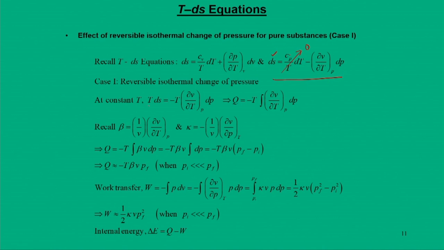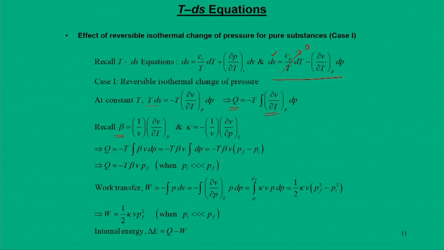So, TdS refers to heat transfer Q, which is equal to minus T times the integral of (∂V/∂T) at constant P into dP. Now, this (∂V/∂T) at constant P we can find from the expression for beta, so that we can write Q as minus the integral of T beta V dP.